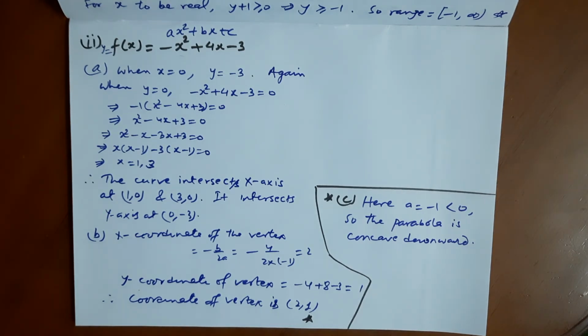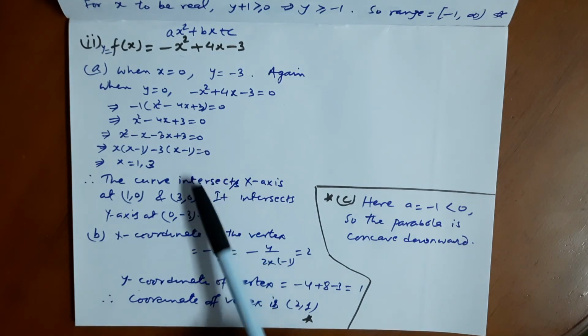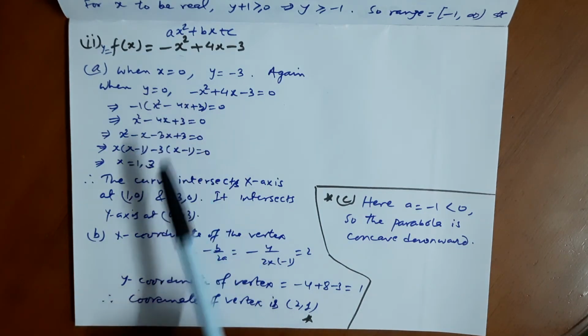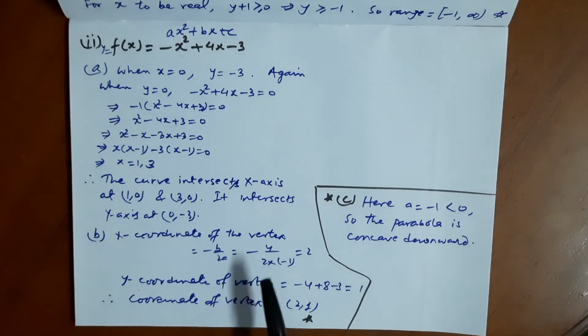Right, and using these characteristics we can plot the graph of this, and I suggest you to find out its domain and range also, like in number one. Not to make this solution lengthy, I have not found out domain and range, because with the help of these three characteristics also we can plot the graph of this.